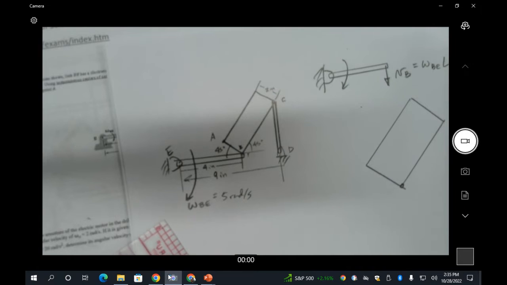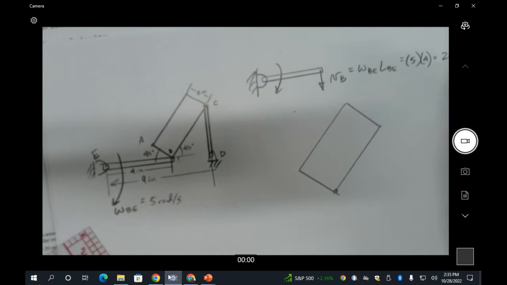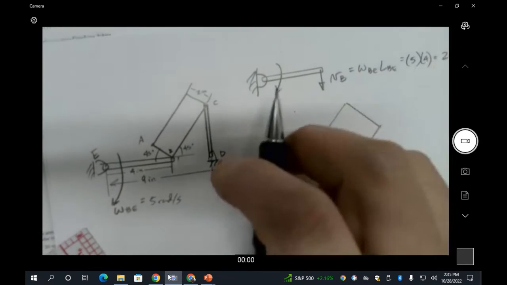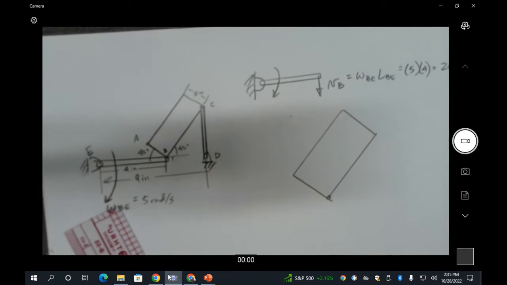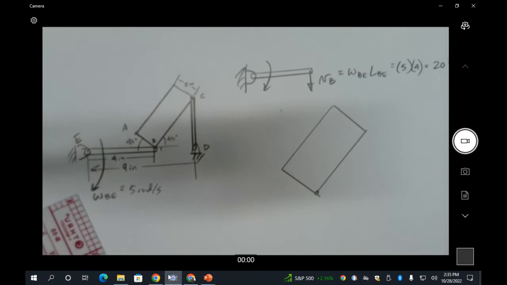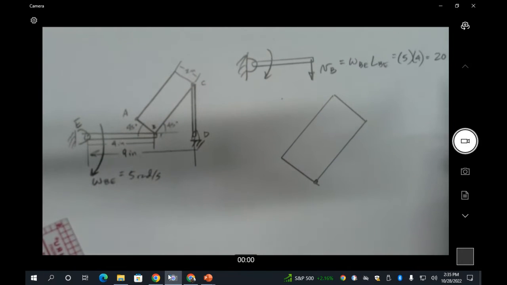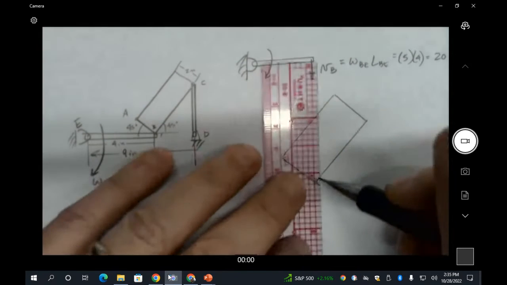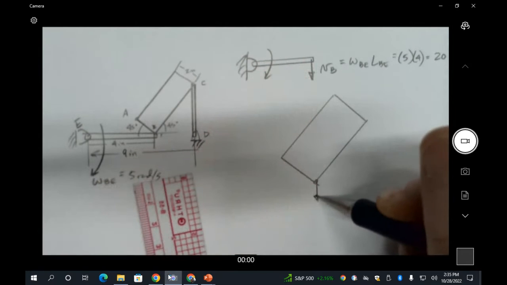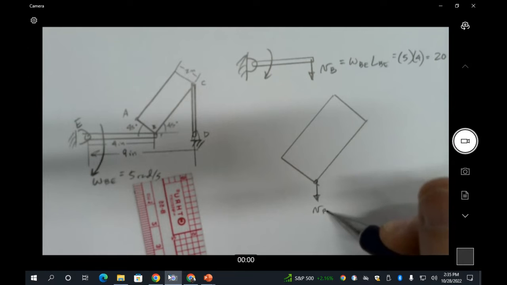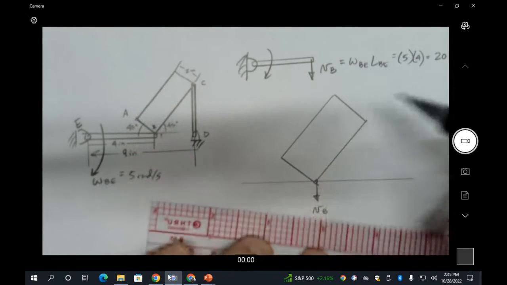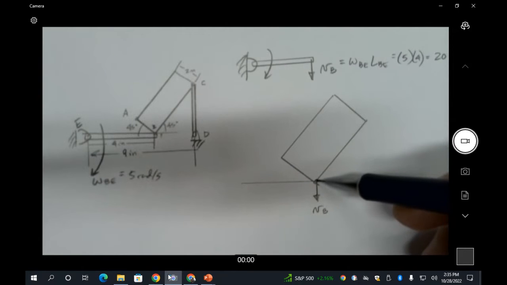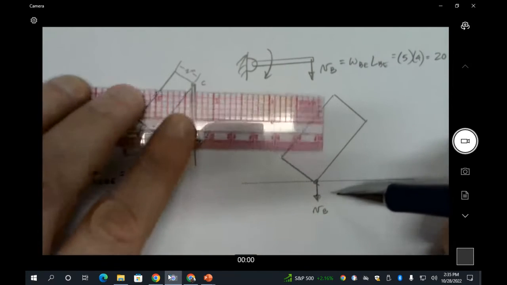It's going to be 20 inches per second. Putting it onto this link right here, we know that's going to be VB. The location of this velocity must be right here.